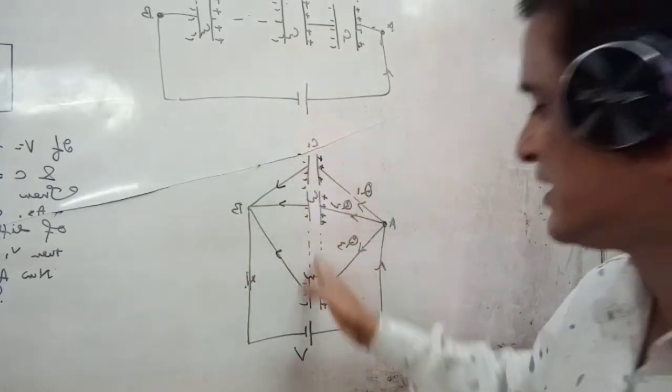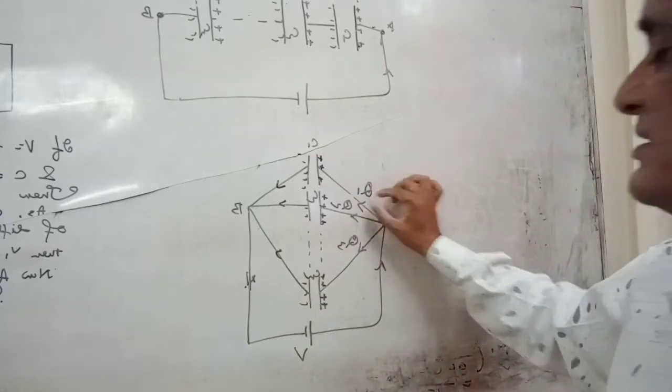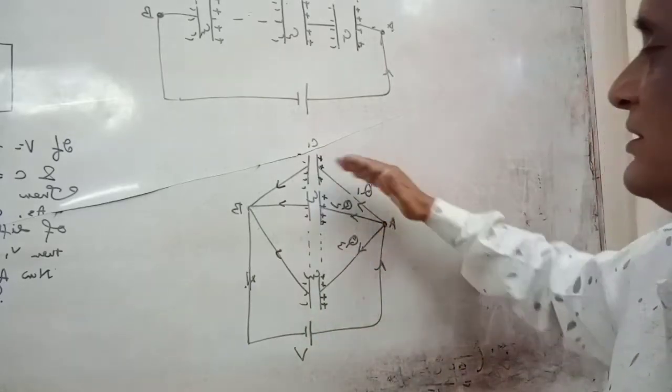Here the potential remains the same, but the charge is distributed among all the capacitors.